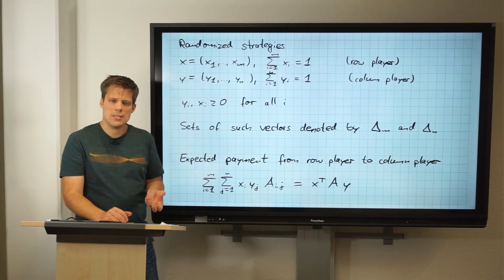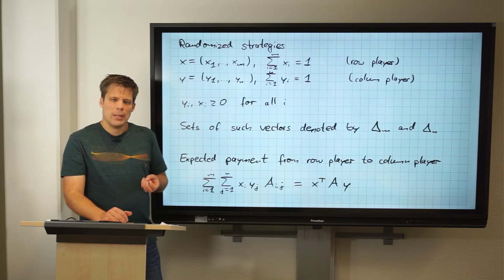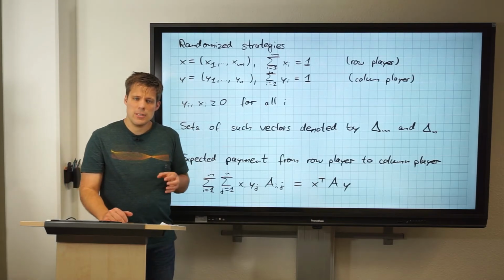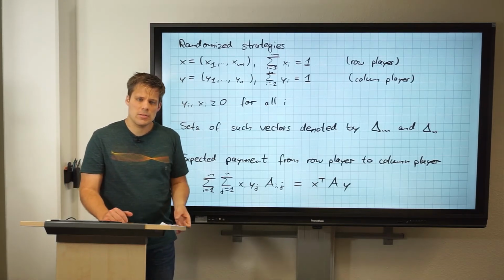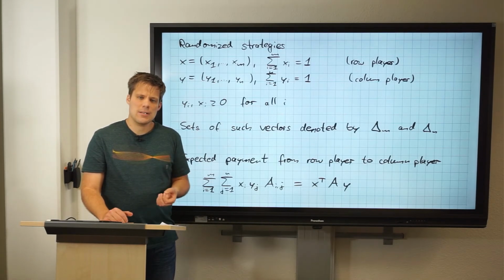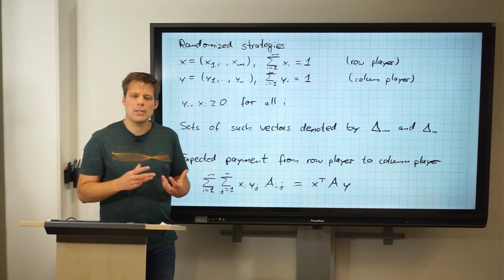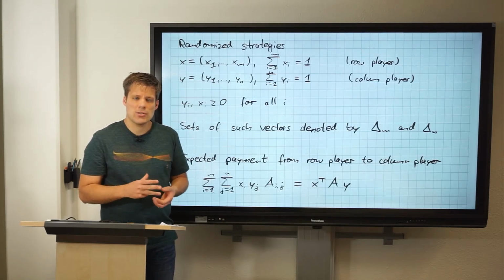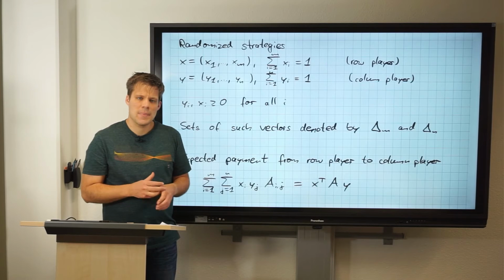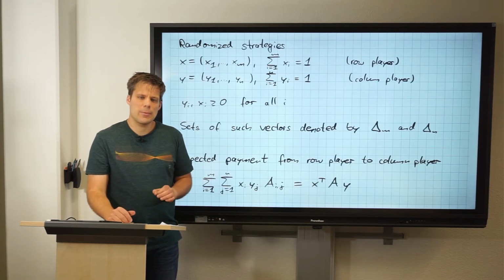And the answer to this is no. The player who goes first and chooses a probability distribution does not have a disadvantage over the second player, who then actually sees what the first player has chosen as their probability distribution. And this is exactly the result that we want to prove today.